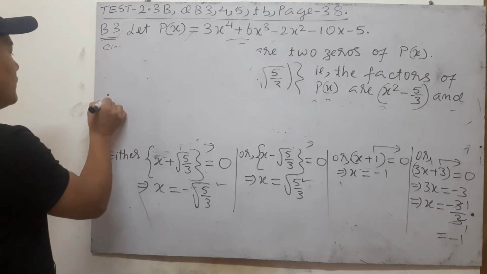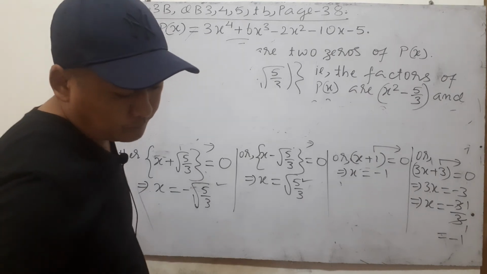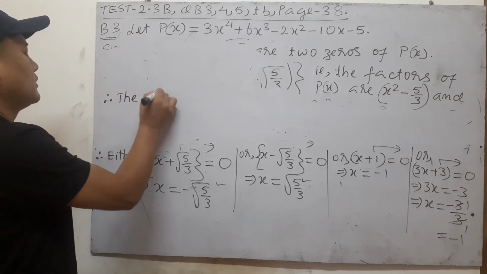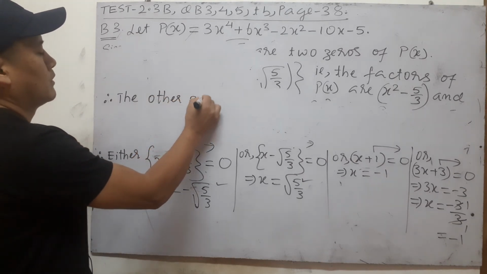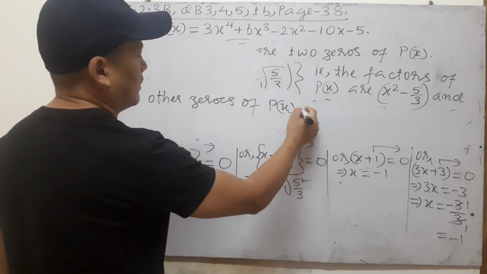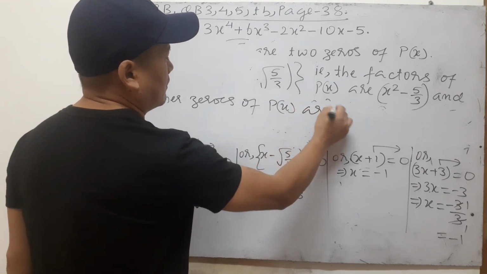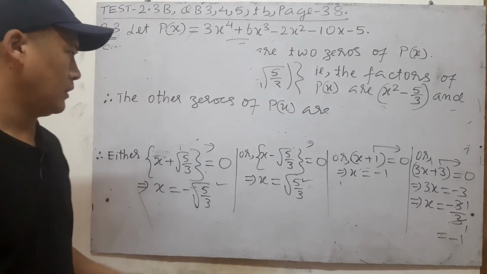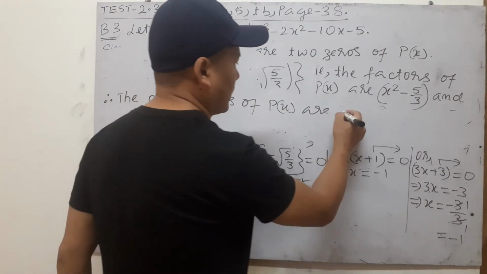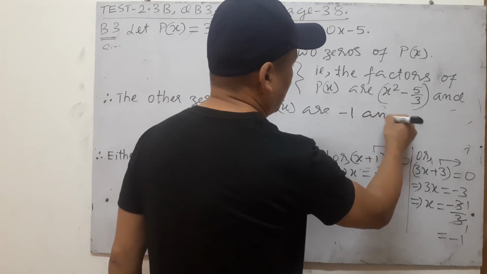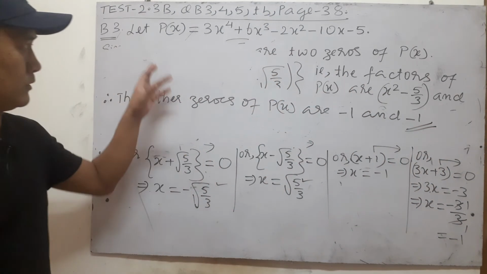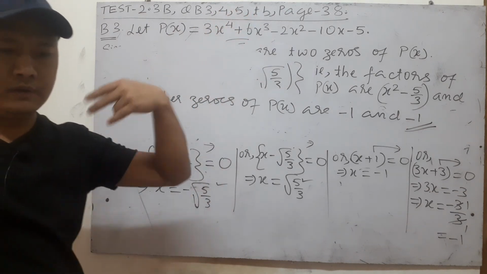Therefore, going back to the question, which says obtain all other zeros, the other zeros of p of x, apart from the two already given, are the missing ones: minus 1 and the same one, minus 1. So this is your answer. We'll do the 4 or 5 in the next class. Okay.